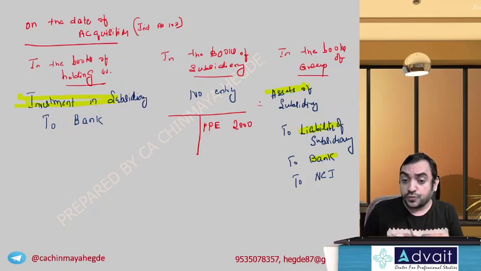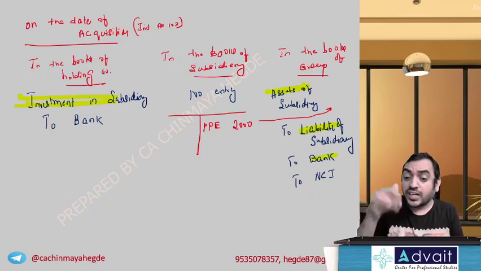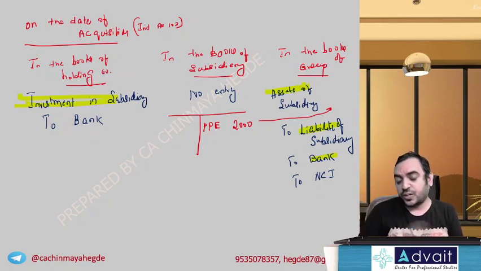In the books of the subsidiary, this is the already existing book value, 2000. But on takeover, any idea at what value it will be taken over? Do you think it will be taken over at 2000, or at the fair value of PPE as on the date of acquisition? This is the carrying amount, book value.